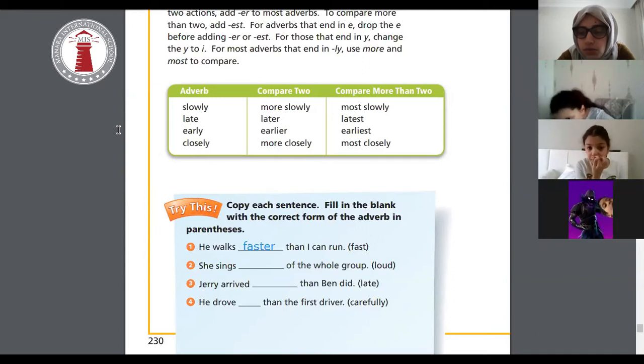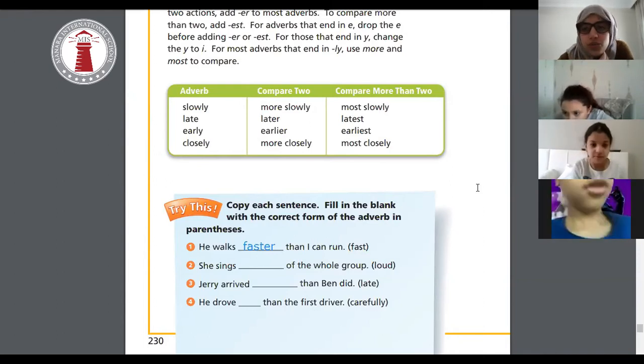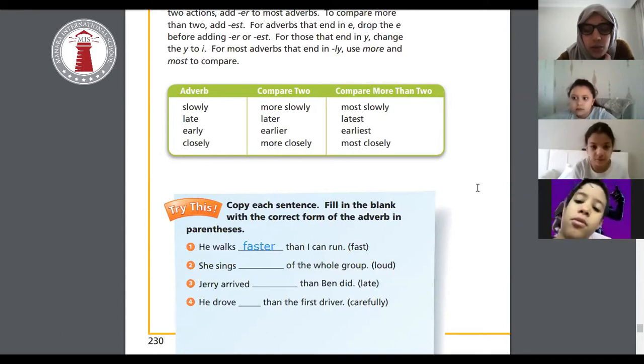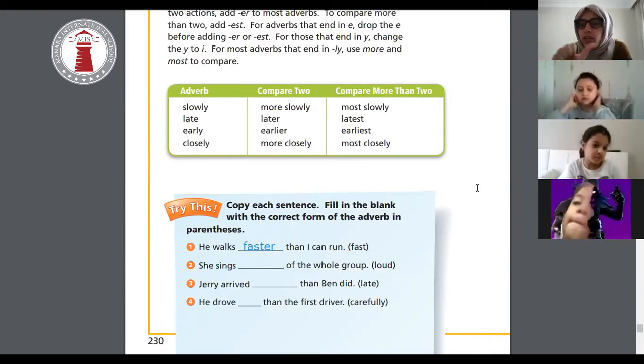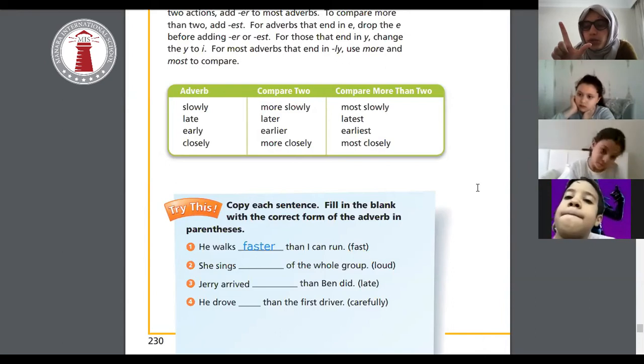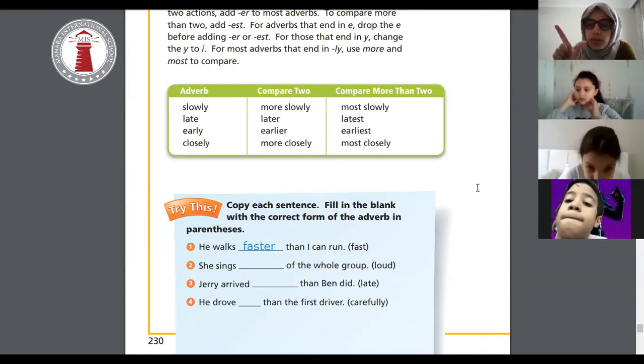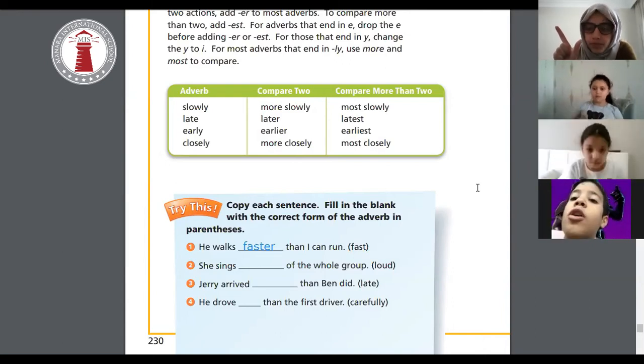She sings loud. So we need to change loud to compare. So we're comparing between her singing and the whole group. So are we comparing between two things or more? Two things.